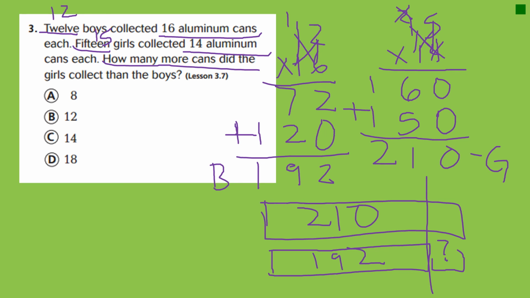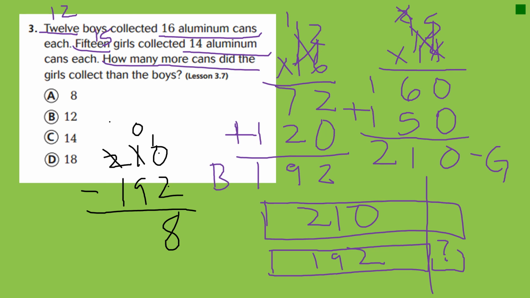Okay, so let's go 210 minus 192. All right, 0 minus 2, you have to regroup. 10 minus 2 is 8. 0 minus 9, have to regroup. Minus 9 is 1. So the difference is 18 cans. All right?